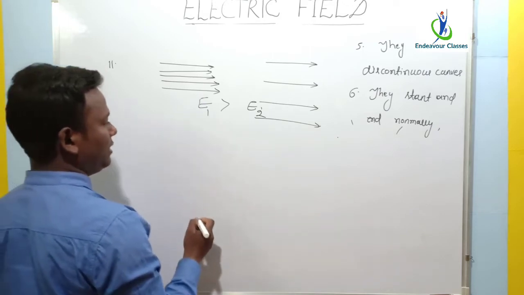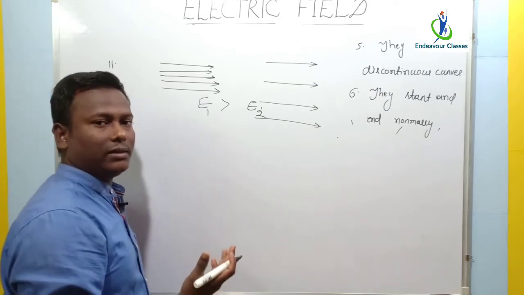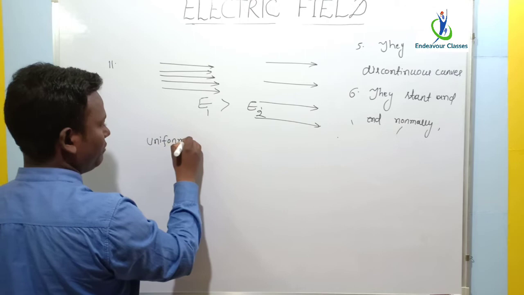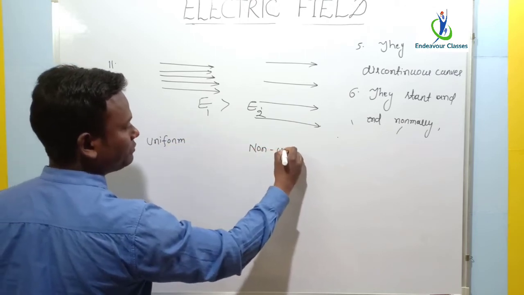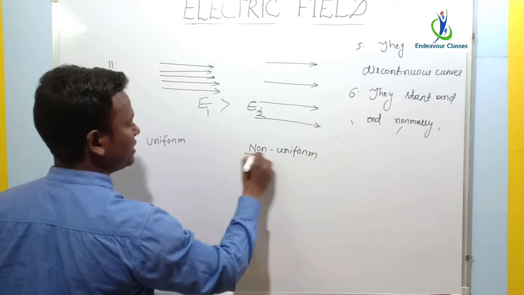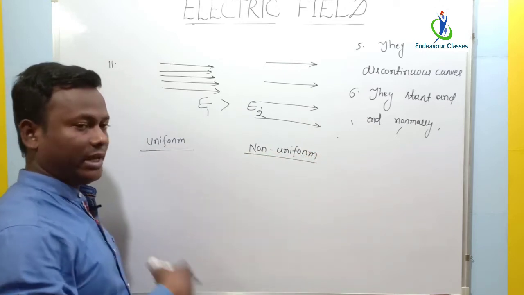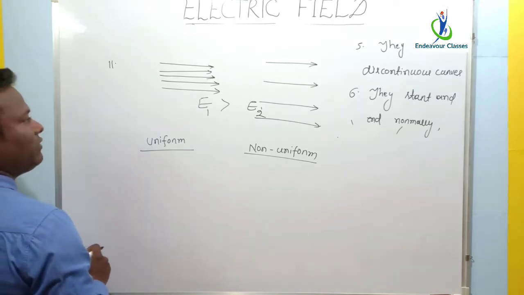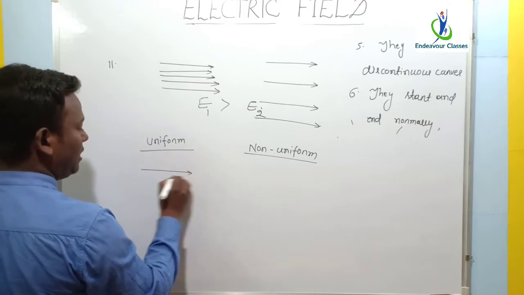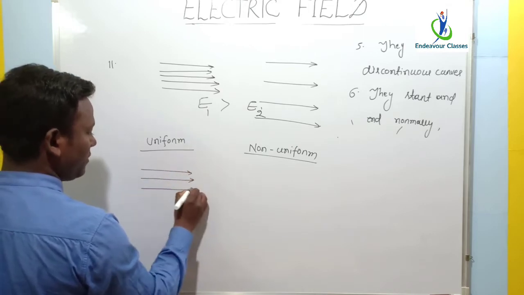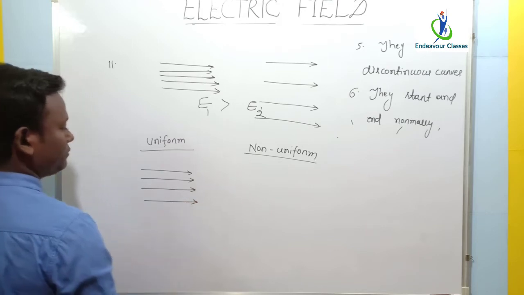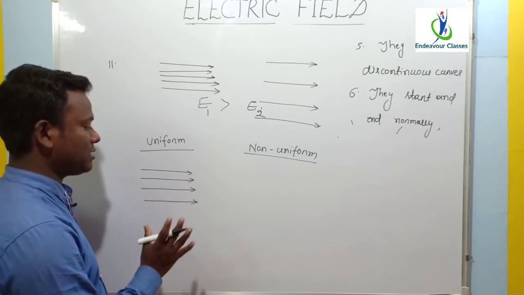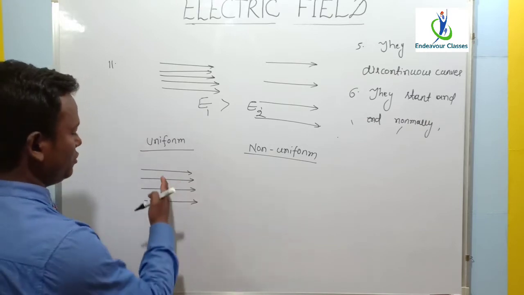And the electric field can be of two types. Remember, electric field can be uniform and non-uniform. Generally, a uniform electric field is represented by parallel equidistant straight lines, which indicate that the magnitude and the direction of the electric field remain constant at all points.